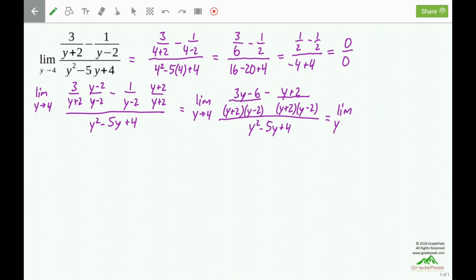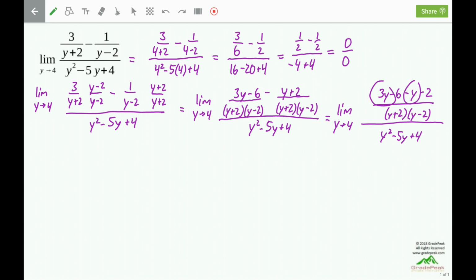So this is limit as y goes to 4 of, combining those fractions together, we will have 3y minus 6, distributing the minus sign, be careful with that, minus y minus 2, over a common denominator of y plus 2, y minus 2, and then that entire thing over y squared minus 5y plus 4. I have a couple of terms that can combine together in the numerator.